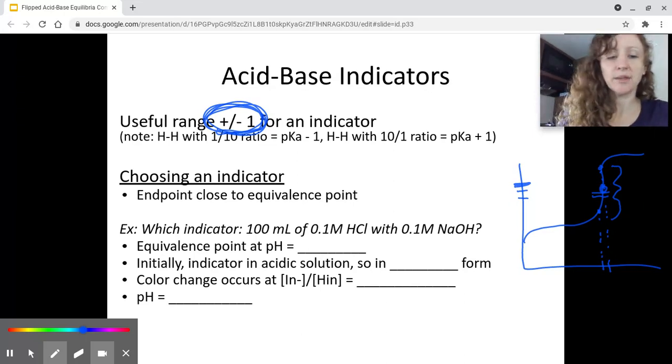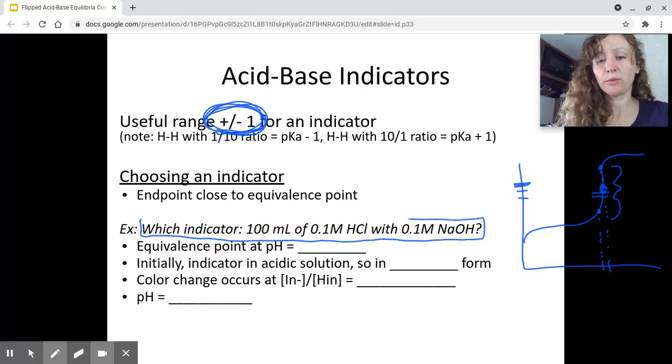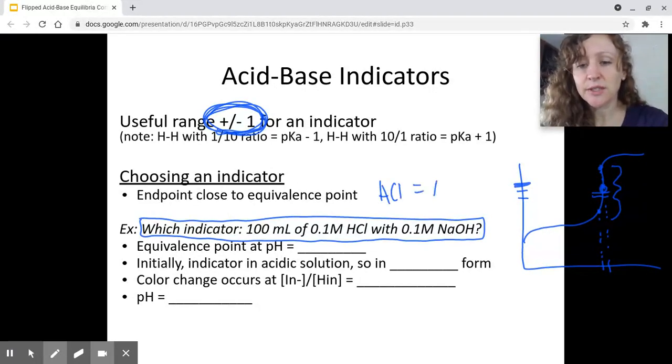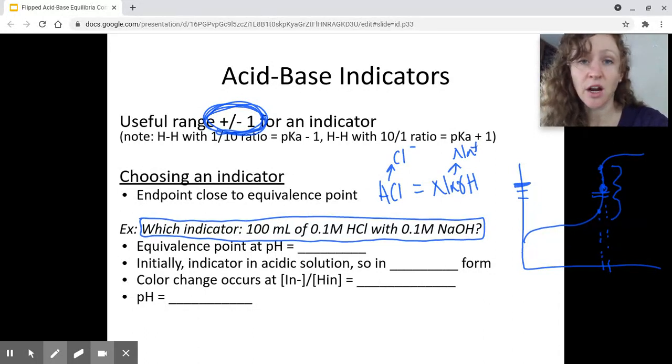Okay, so for example, if we have a 0.1 molar HCl, 0.1 molar NaOH titration happening, our equivalence point is going to be when HCl is equal to NaOH. That means the only ions present are going to be Cl minus and Na plus. Neither one of them is a significant acid or base.